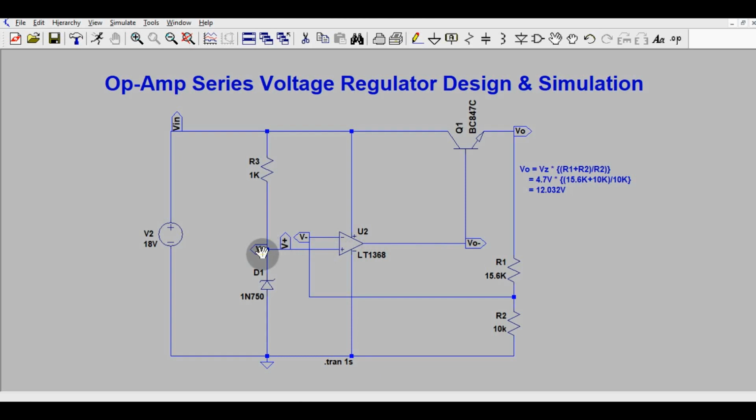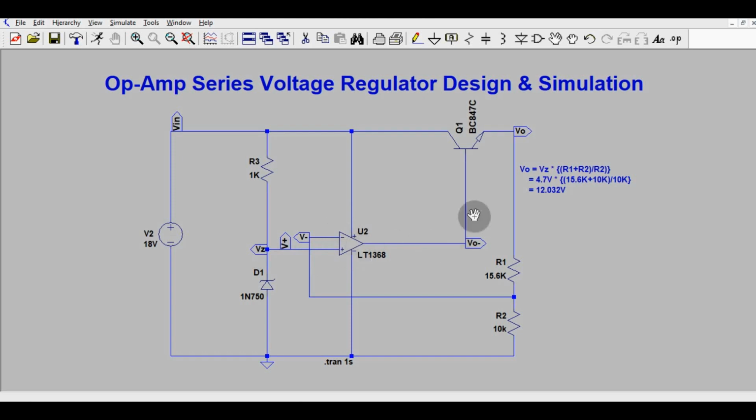Before I run the simulation, I want to explain a bit about the circuit diagram. I hope you already watched the previous video, but still I want to describe a bit of the circuit flow. You can see this is the operational amplifier.